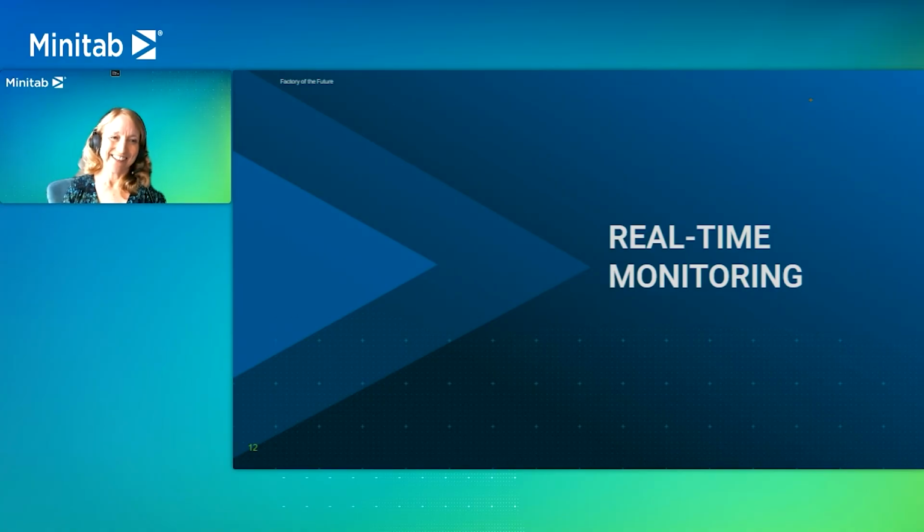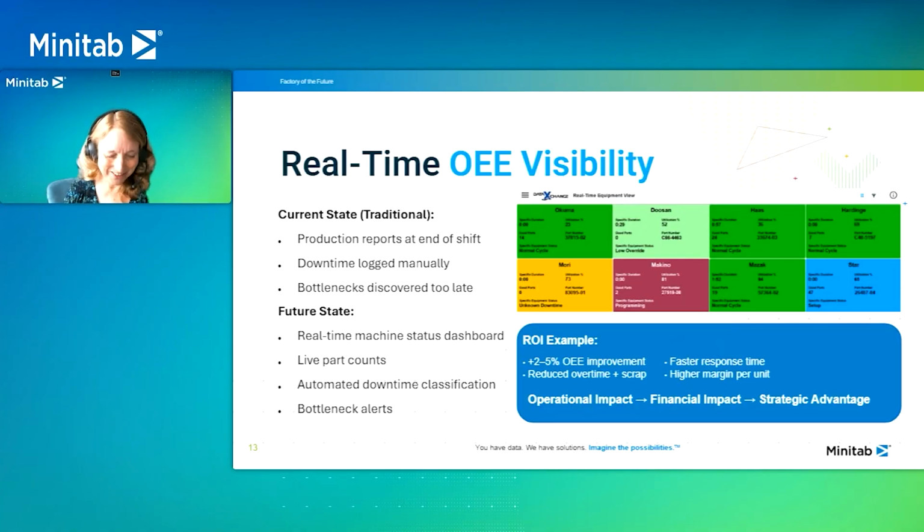So first of all, I am so excited about this. Minitab acquired a company called Minitab DataXchange, which is geared towards the manufacturing equipment itself, real-time OEE visibility. So we're looking at OEE, which is your overall equipment effectiveness, and what it does for you is it's going to measure, first of all, your equipment downtime, so the percentage of time that your equipment is actually up.